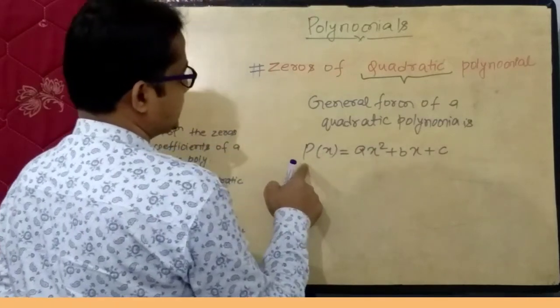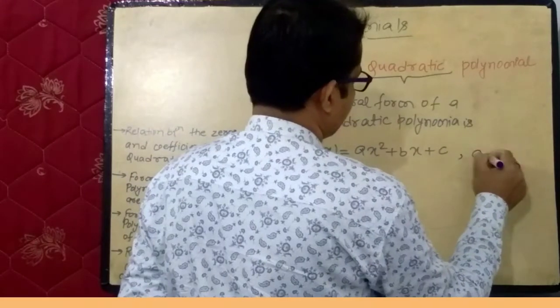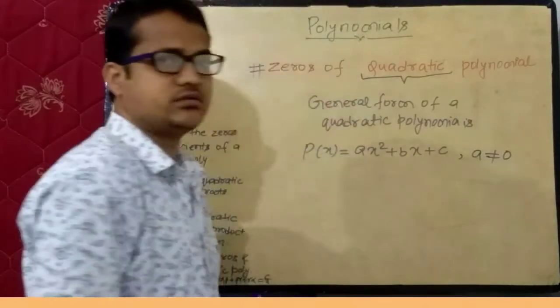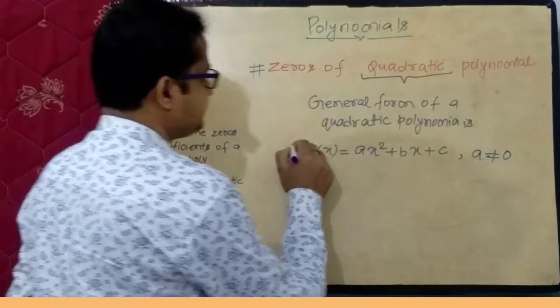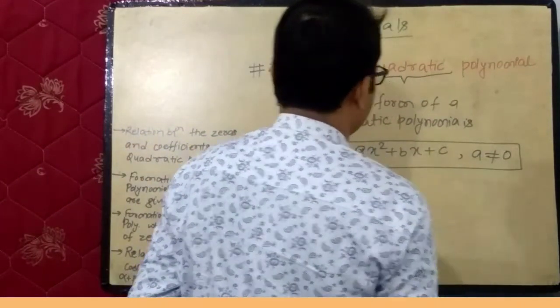That is p of x equals ax square add up bx add up c, and the condition is what? A is not equal to 0. This is the general form of a quadratic polynomial with this condition.